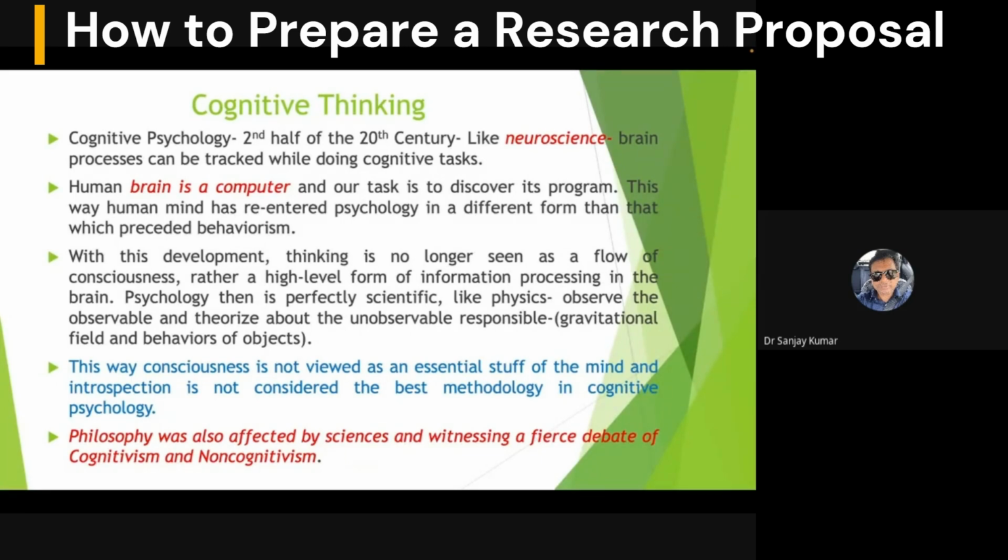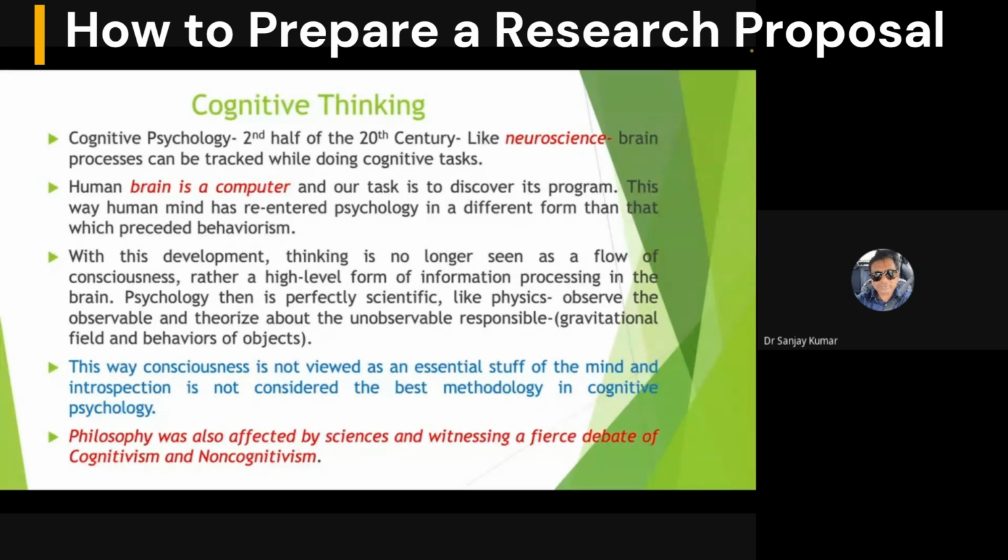Okay, so cognitive psychology emerged in the second half of the 20th century, and it was like doing neuroscience. And it said that brain processes can be tracked while doing cognitive tasks.